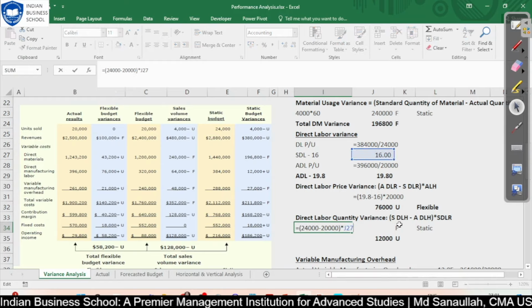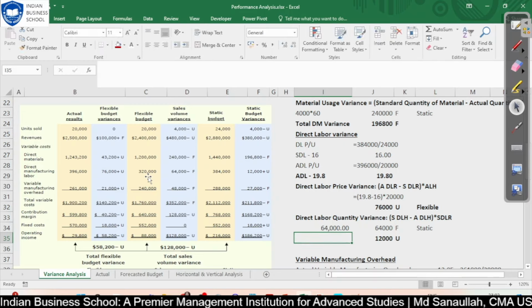As per the rule, standard direct labor hour minus actual direct labor hour, then multiply by the standard direct labor hour, which is 16. If you multiply this, you will get 64,000, the same as in the static budget. What does it say? Favorable. Why favorable? If you see this 384, you minus this 3,20,000, you will get this value.